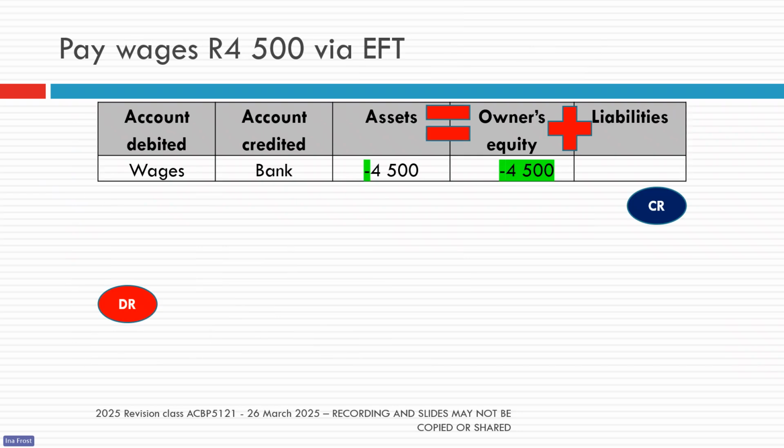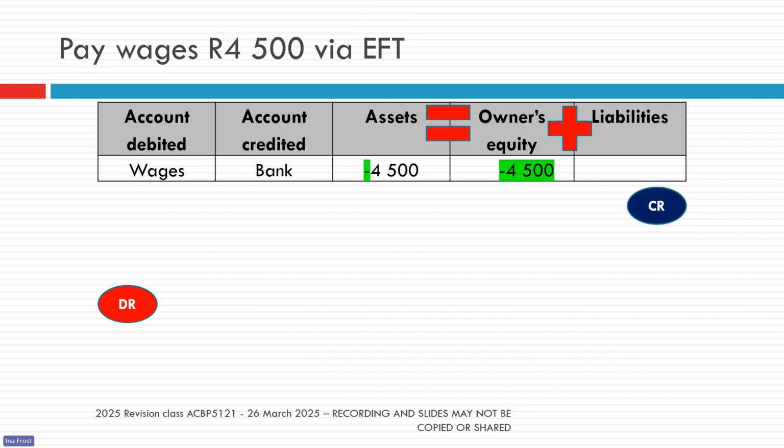So in the first one, we're looking at an expense, wages paid via EFT. If we just analyze that transaction, immediately we see we're paying wages. So we know one of the account names must be wages, or salaries and wages, which we can also accept. And if we see it's an EFT payment, immediately in our minds we translate: EFT means cash, cash means bank.